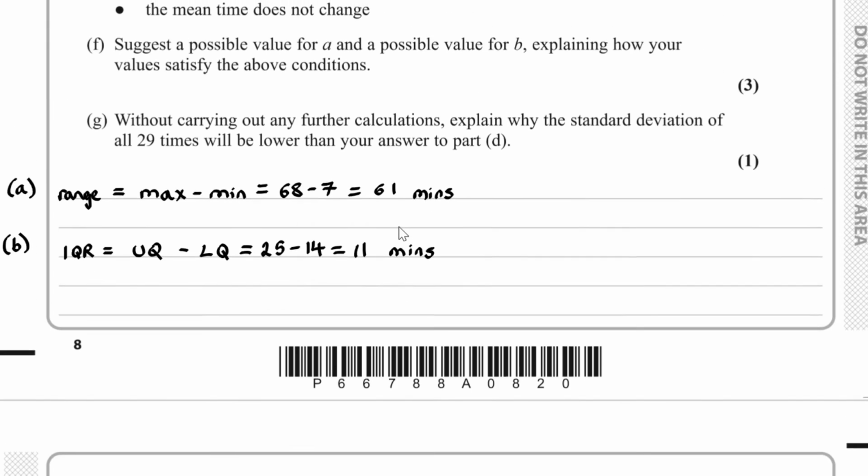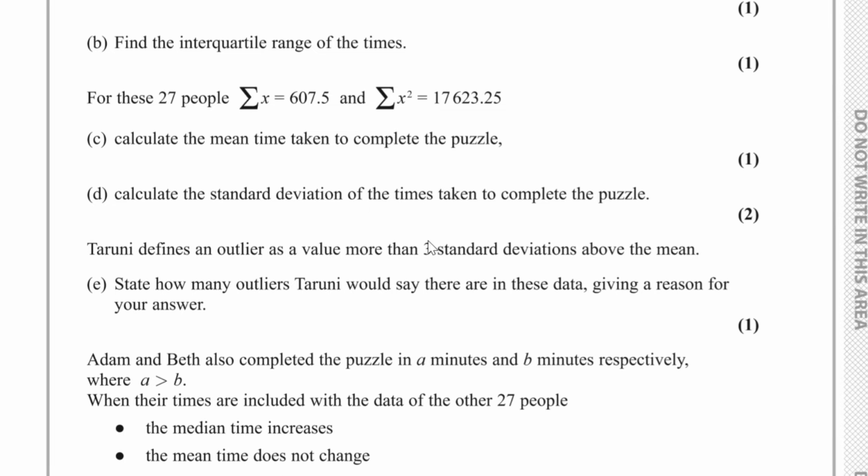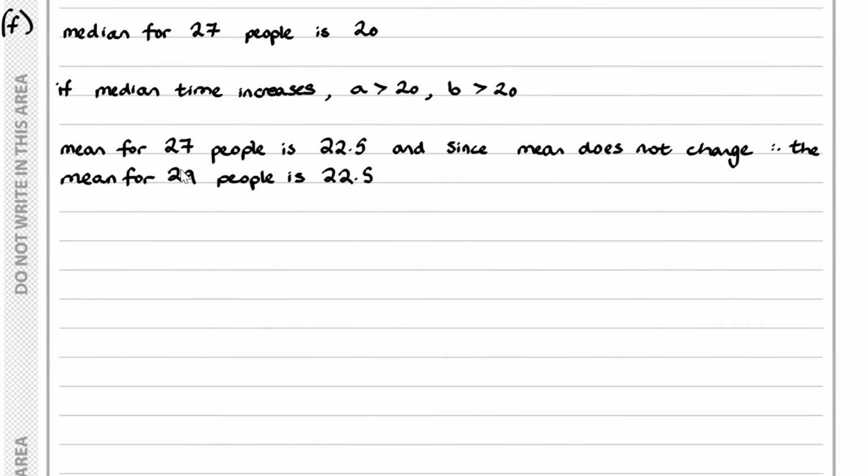We know that the sum of the x's for the 27 people is 607.5, and if we include these values of A and B, this time for 29 people, the mean now becomes 607.5, this was for the sum of the x's of 27 people, and then we have A and B. So here we've got 29 pieces of data added together, and of course we divide all this by 29, and we know all this is equal to 22.5.